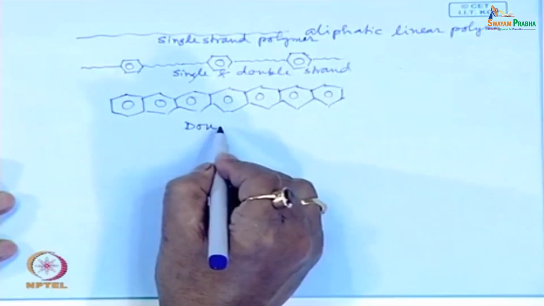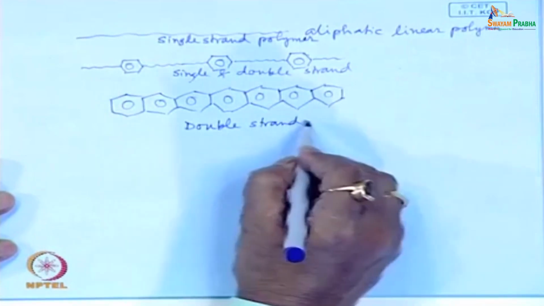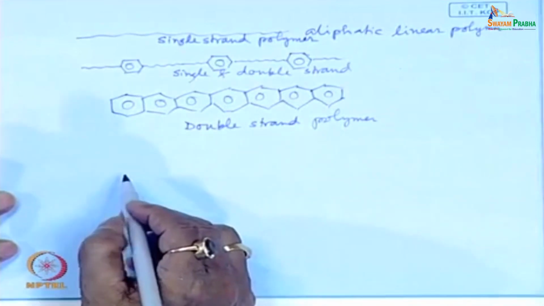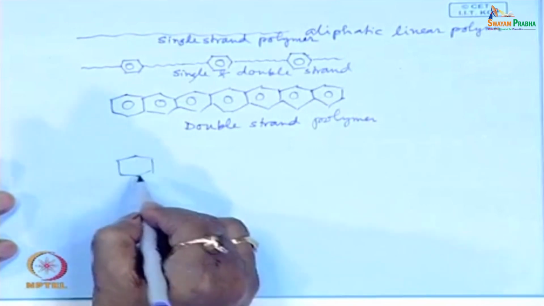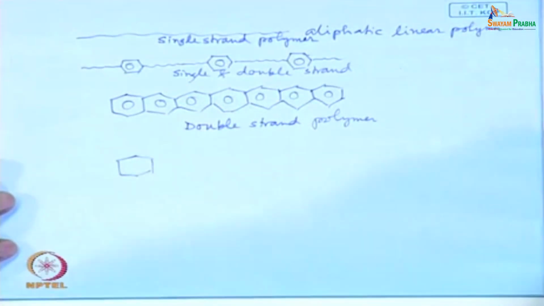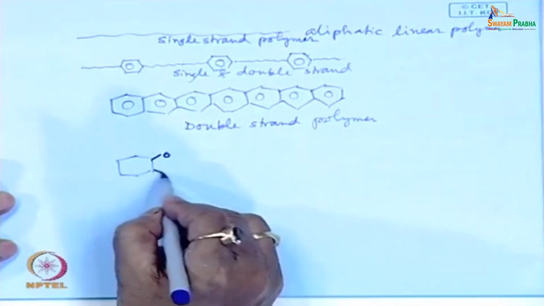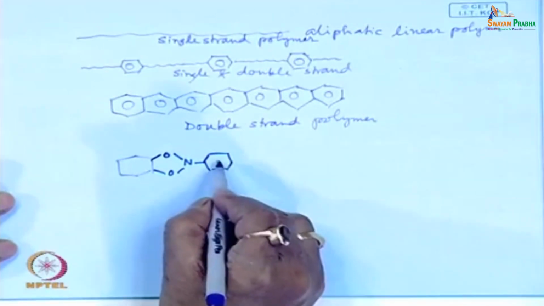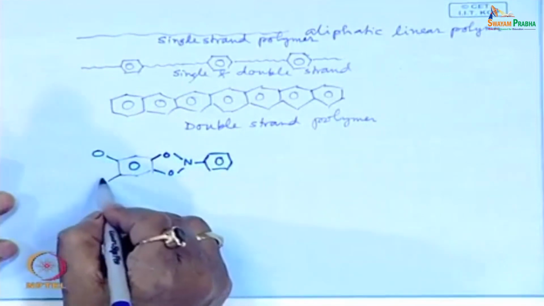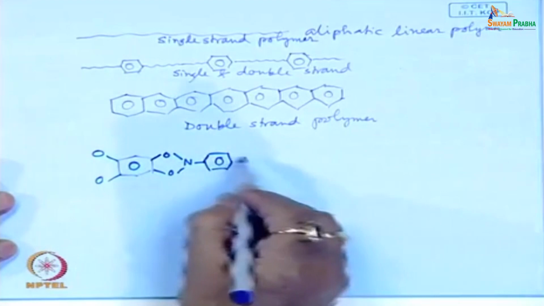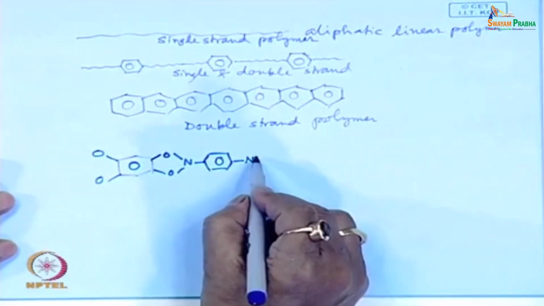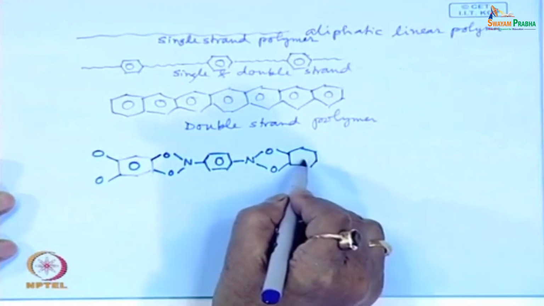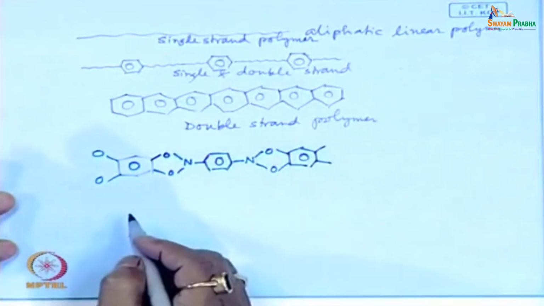This is a double strand polymer. We can have polymer like this.